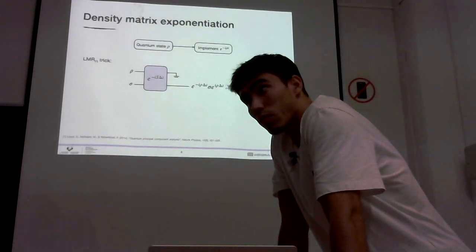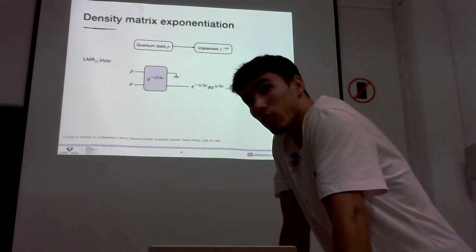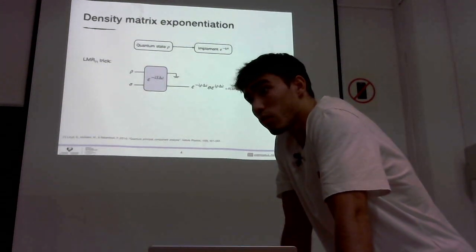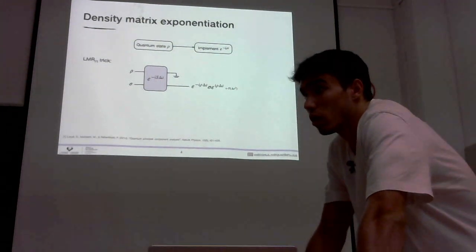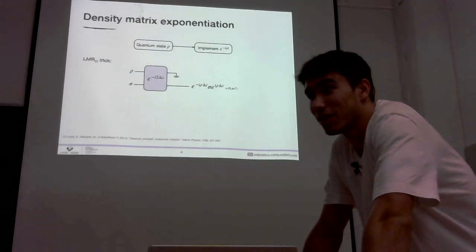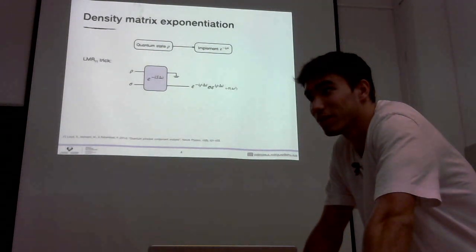Okay, but for each rho, there is one such operation. Yes, for families. The operation depends on the rho, but those families are not rhos that are diagonalized in the same basis.